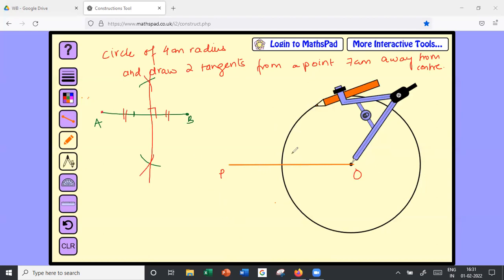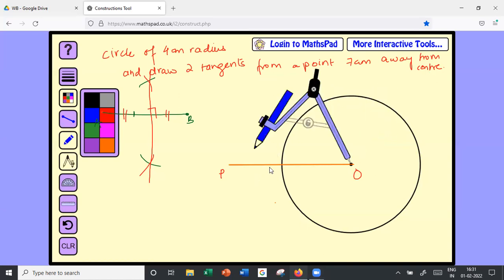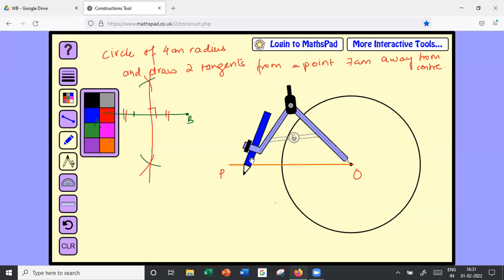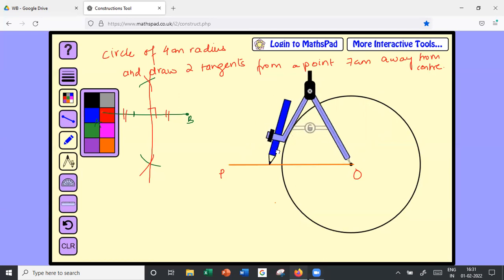So you can do the same procedure for OP. I'm also doing it, but I might take some time, so you can do it. Okay, so I'm going to take a radius a little bit more than half. Yeah, this looks good enough. Then I'm going to cut an arc.